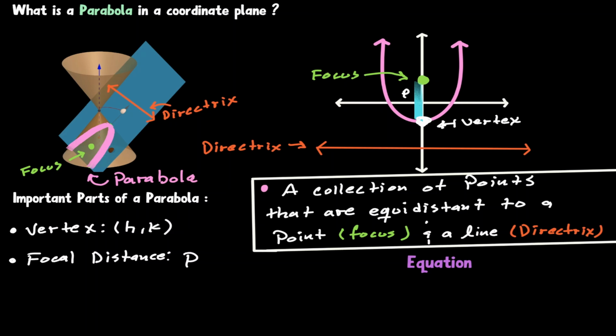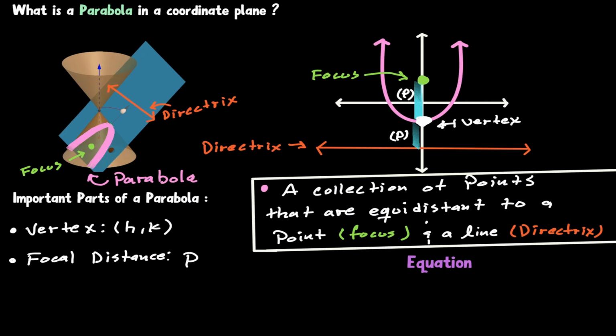But because the vertex is a point in the parabola, and remember that a parabola is a collection of points that are equidistant to the focus and the directrix, the same distance that we have from the vertex to the focus is the same distance that we have from the vertex to the directrix. And these are the two pieces of information that we need to define the equation of a parabola.